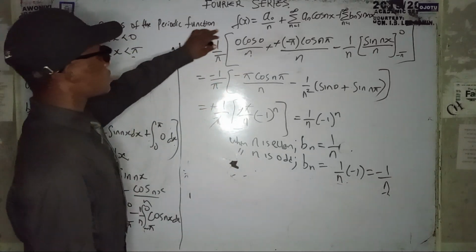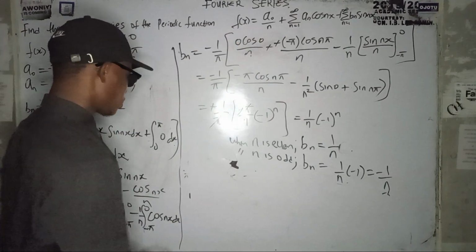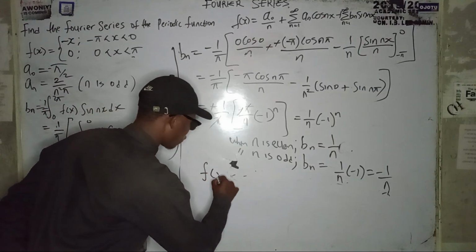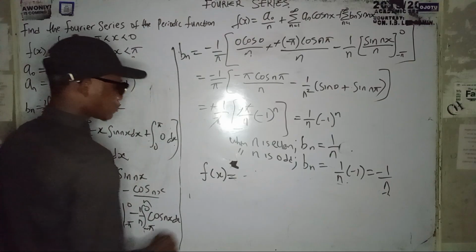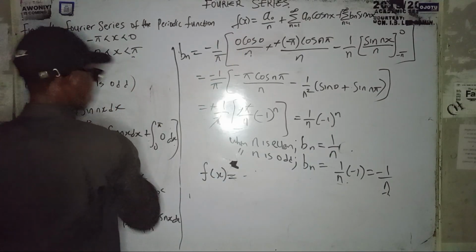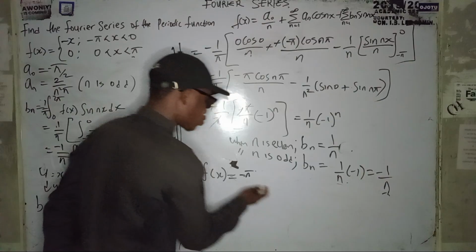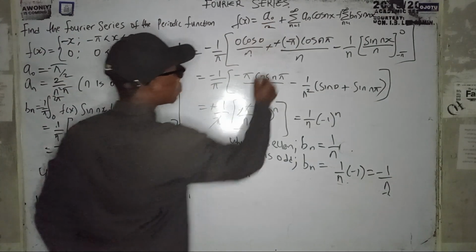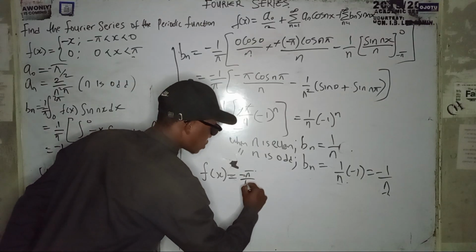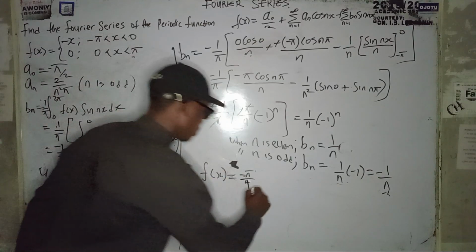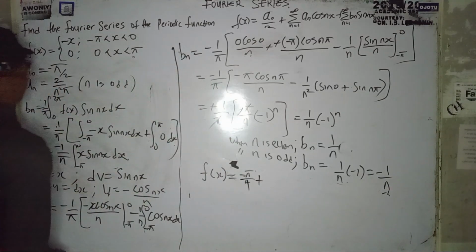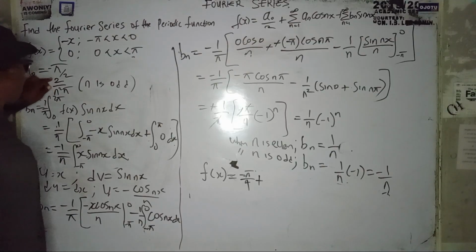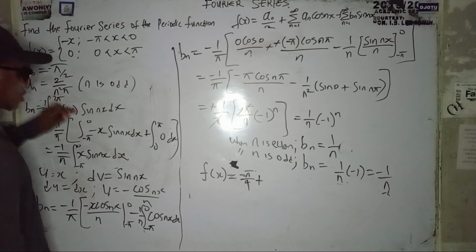So to express it in the major Fourier series form here, we just put our f of x is equal to a naught over 2, that is minus pi over 2 over 2, that is minus pi over 4. And we have plus an here. We can bring out 2 and pi here so that n can stay in.